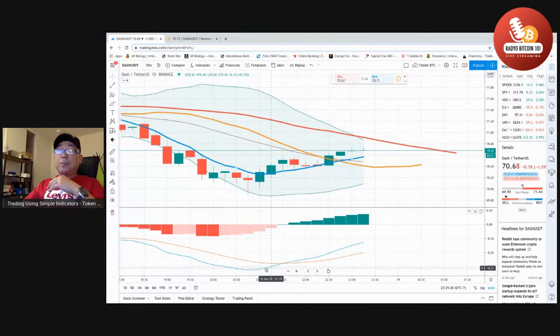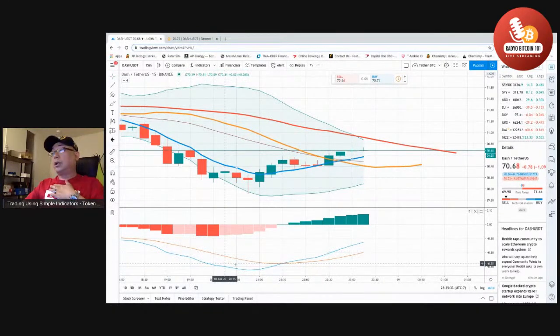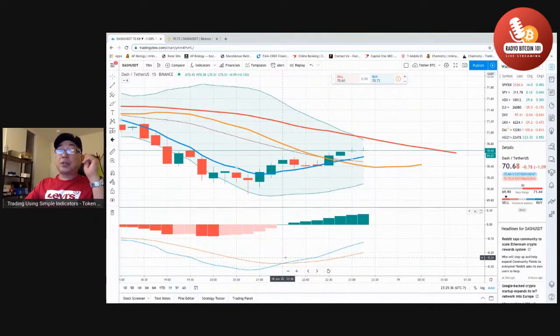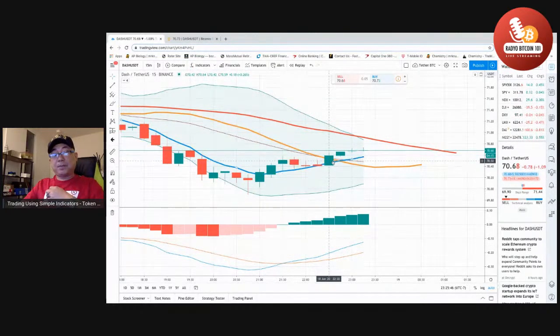That's the golden cross, when the blue line crosses the red line of the MACD. So this tells you in advance that this token, Dash, is about to go up and cross over with the moving average. That is already about an 80% chance. 80, 85, 86%, 90 is way too high. But again, 80% is a very high probability that that particular token or coin would go up.